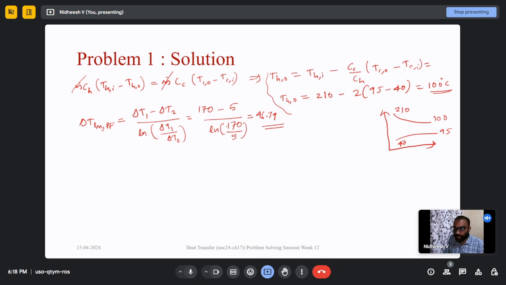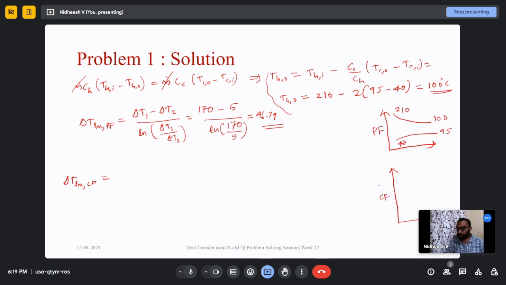Similarly, can we get the expression for delta T LM, log mean temperature difference, for the counterflow heat exchanger? What would be the difference? This was parallel flow and now we need counterflow.